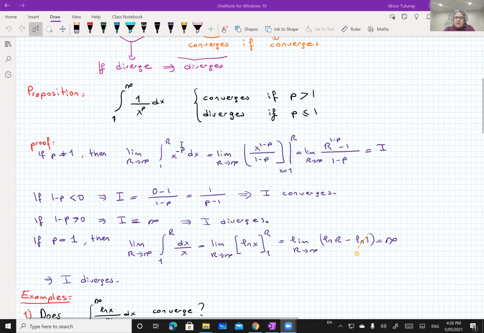That is the integral of this quantity, and then we put the boundaries in, this boundary minus this boundary, substituted in this expression, which gives us this. So when r goes to infinity, let's call this expression I.